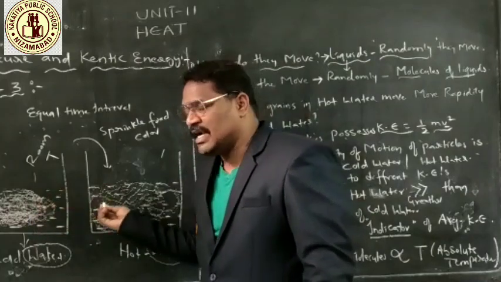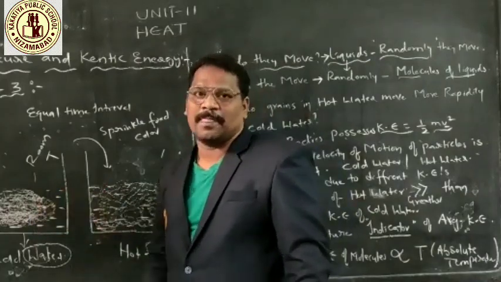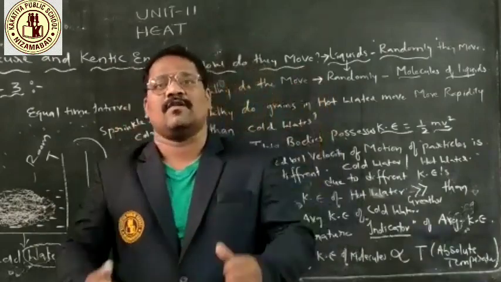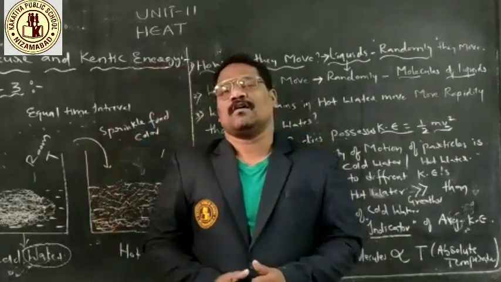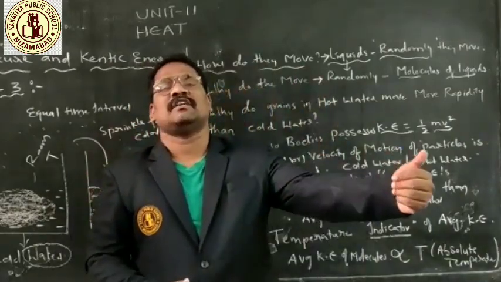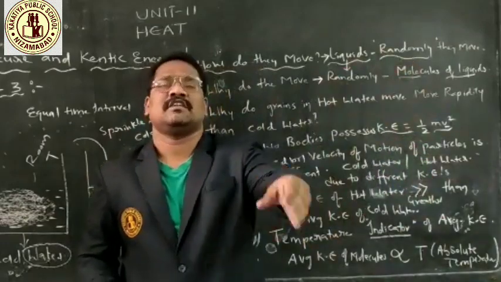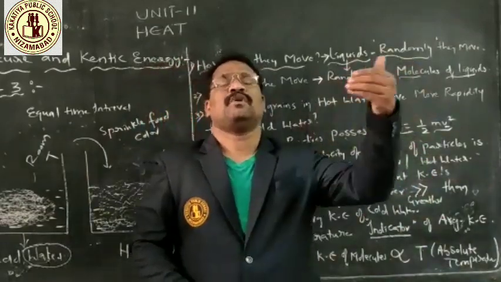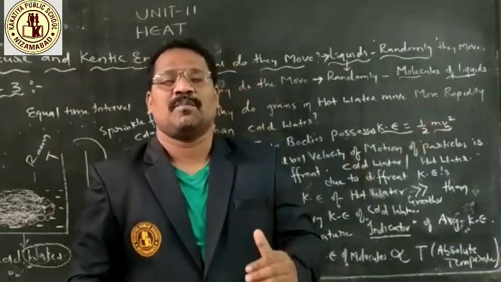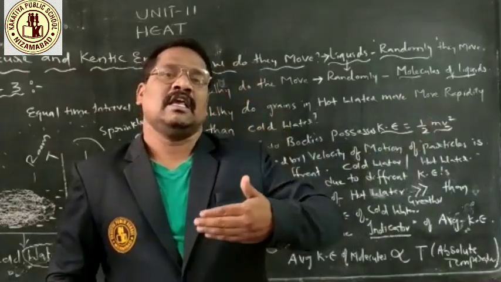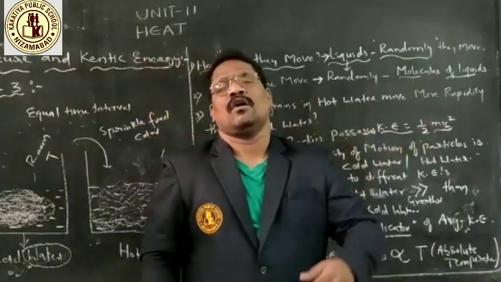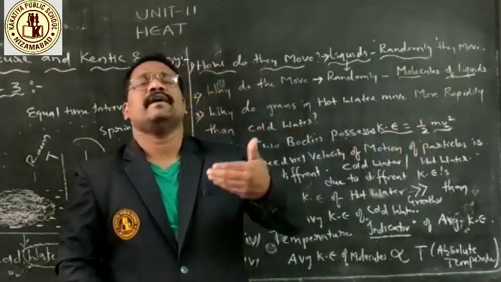Therefore, we get a difference in kinetic energy. They are the same material only, but one is at room temperature and the other has a little more temperature added. As temperature increases, the kinetic energy within the molecules also gradually increases.